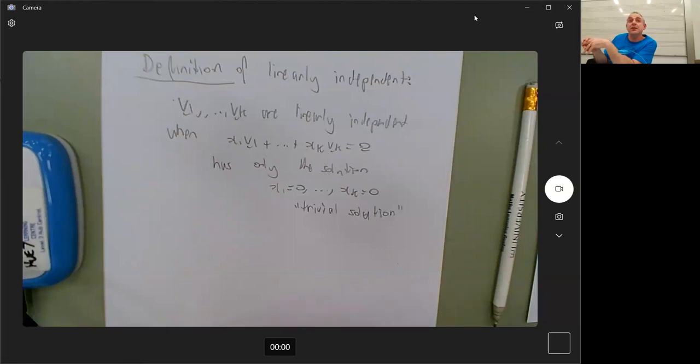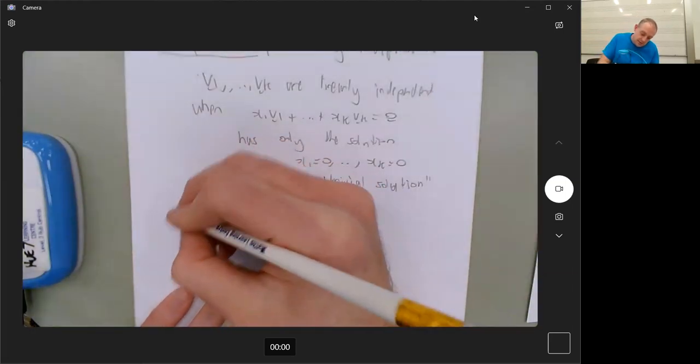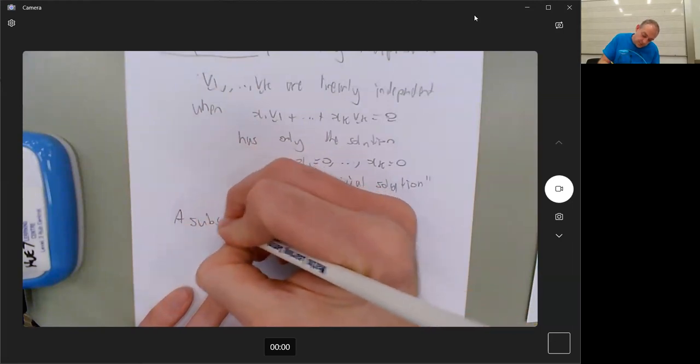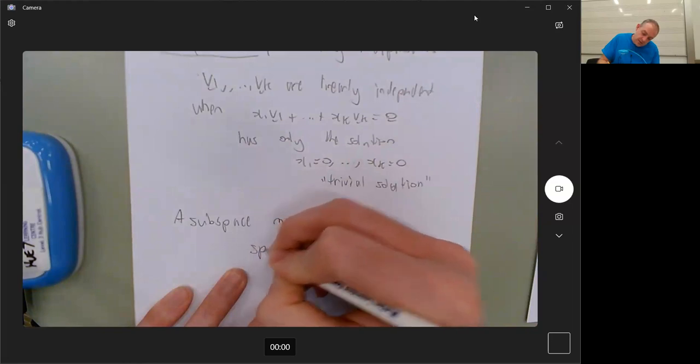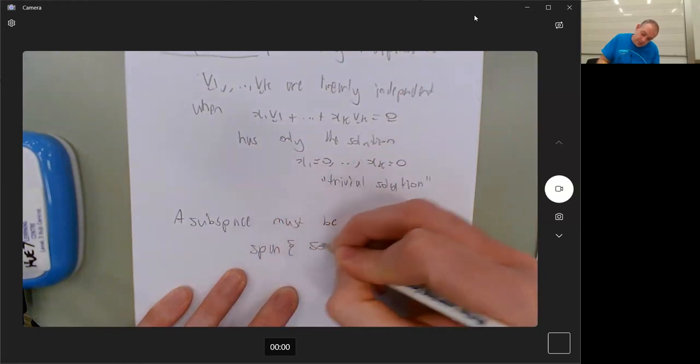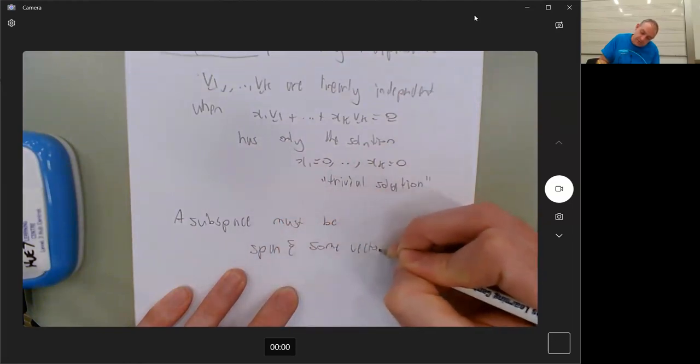What that means is that all subspaces are made by doing linear combinations. The span of the vectors creates a subspace. So a subspace must be the span of some vectors.